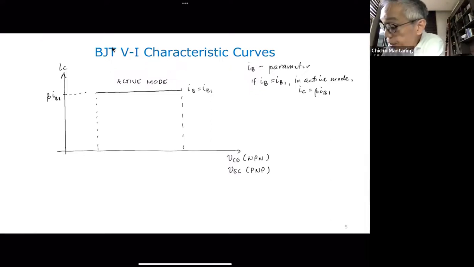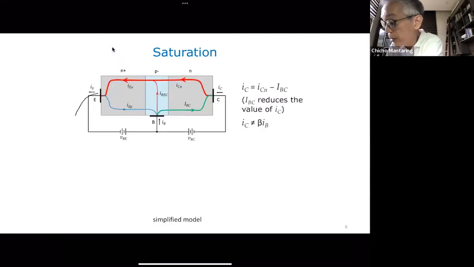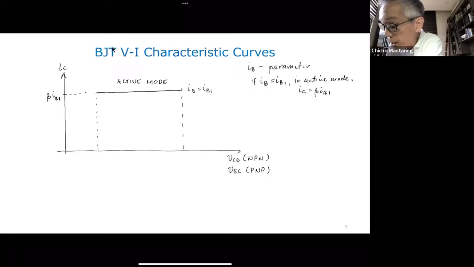Okay. And I am now here in active mode. As we reduce VCE, as VCE gets smaller, expect that at some point, this current is going to drop. So it will look this way.